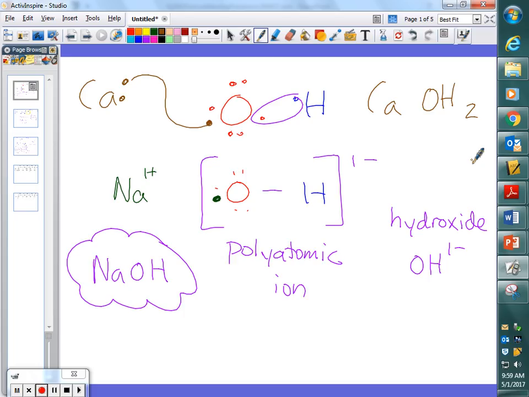When we need more than 1 polyatomic ion, we put the polyatomic ion in parentheses to represent that we need more than 1 of them. Okay? Is that good? You okay with that? All right. So let's start doing some practice. Let's grab out that grid that I gave you this morning.